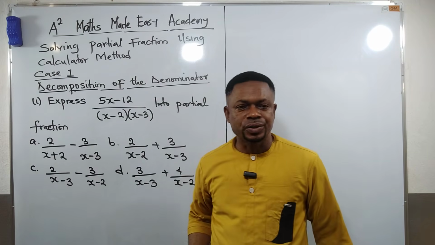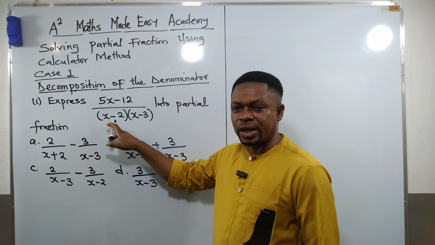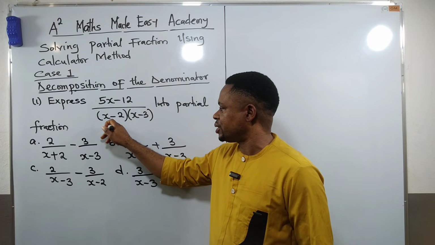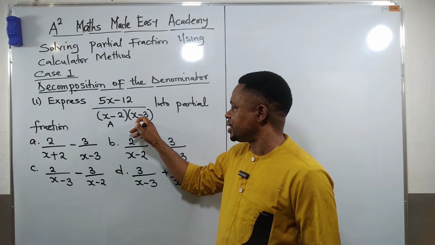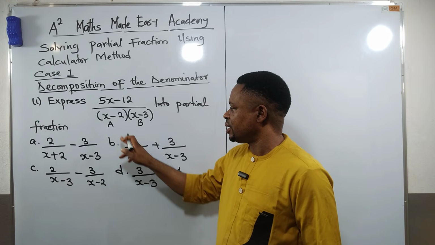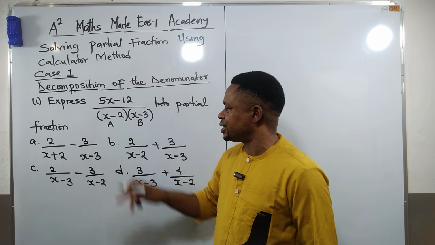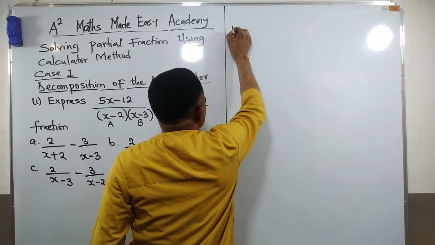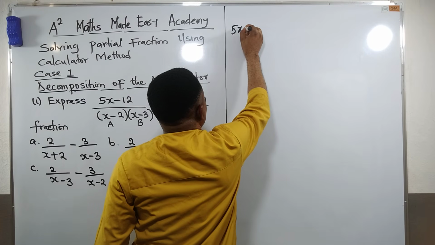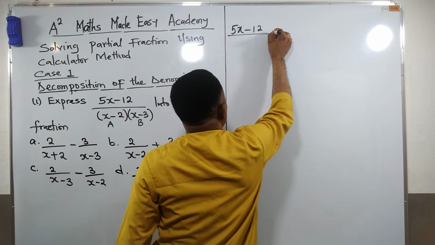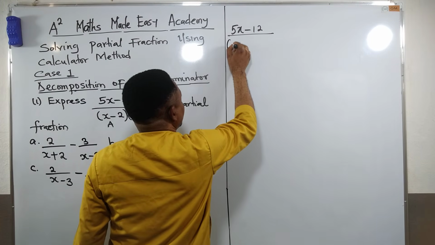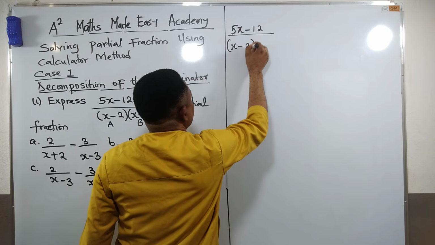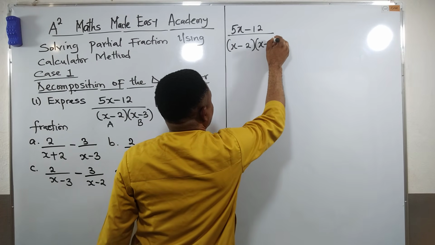Now how are we going to do it? First of all, the first one that you're seeing here, consider it as A. The second one that you're seeing here, consider it as B. With this, I can express it into partial fraction. First thing I'm going to do is to write the question: 5x minus 12, all over x minus 2 in bracket x minus 3.